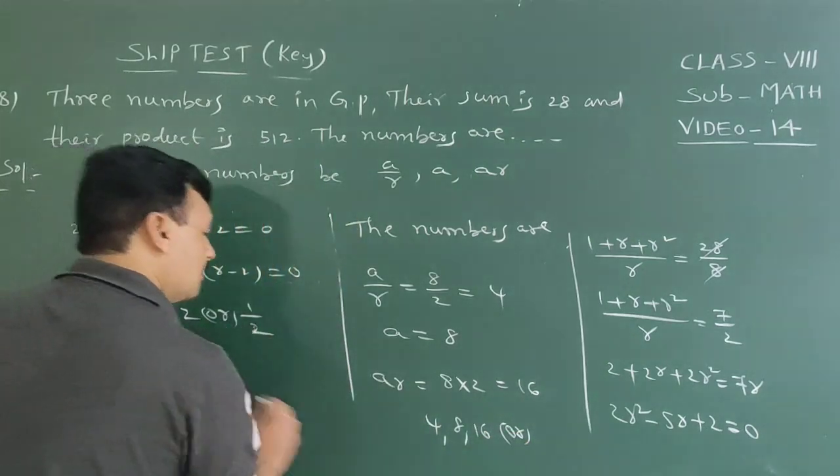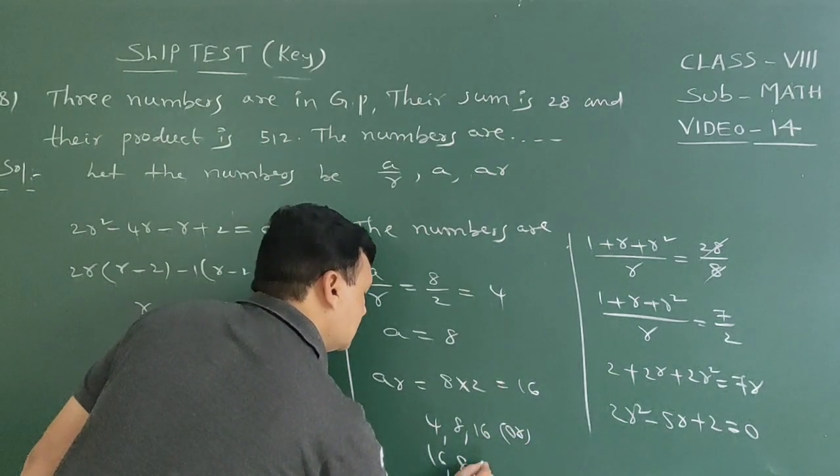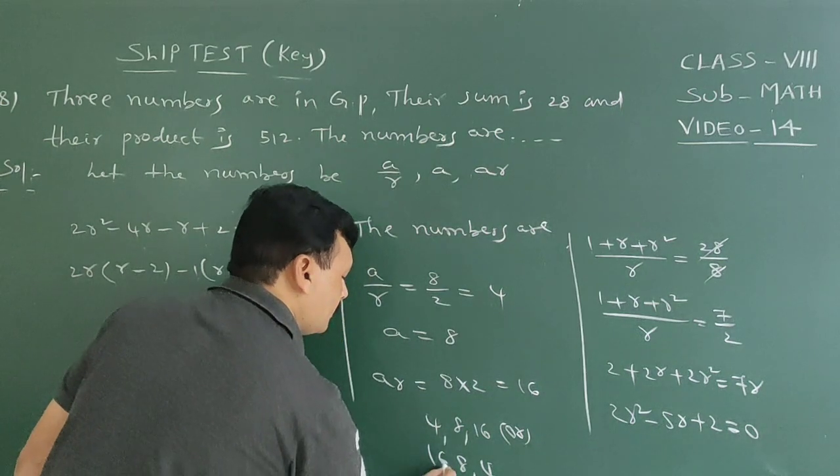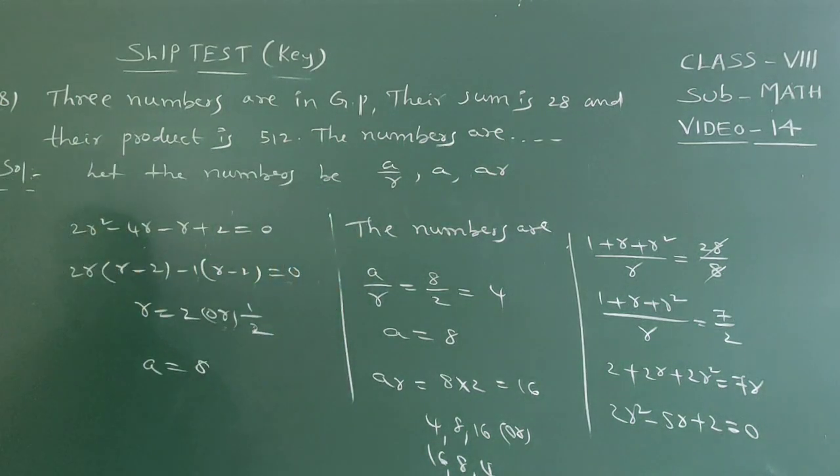If r equal to 1 by 2, 16, 8, 4. However, 4, 8, 16 are the required answers.